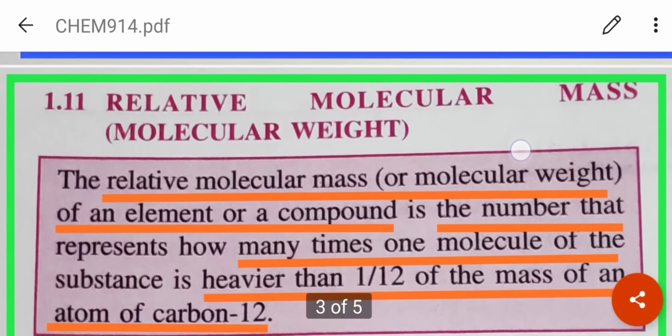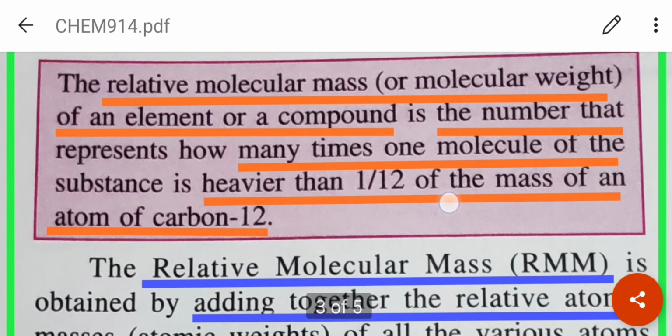Now let us move to the next topic, relative molecular mass. The relative molecular mass or molecular weight of an element or a compound is the number that represents how many times one molecule of the substance is heavier than 1/12 of the mass of an atom of carbon 12.